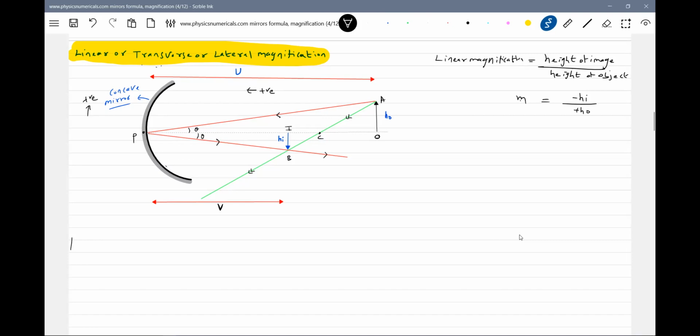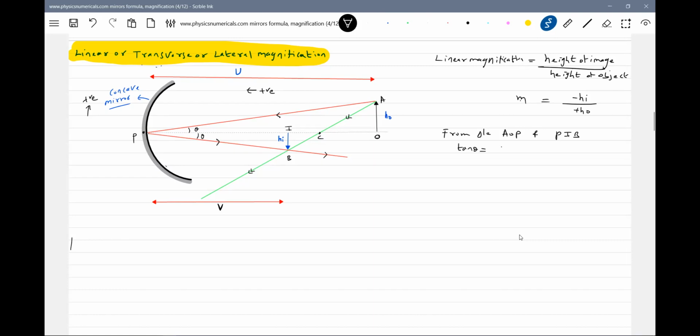Okay, let's take help of triangles. From triangles AOP and PIB.